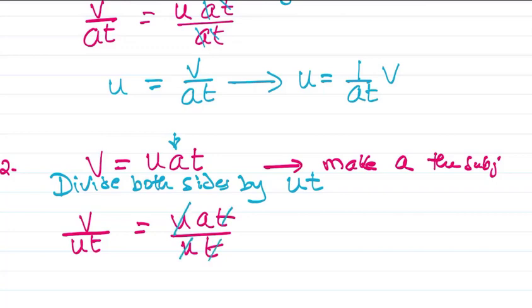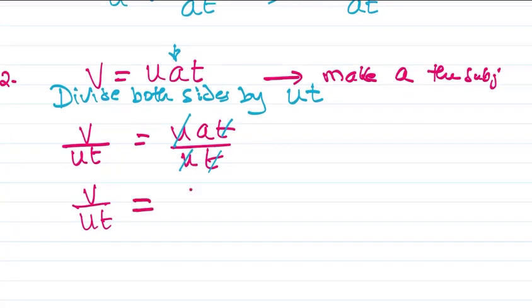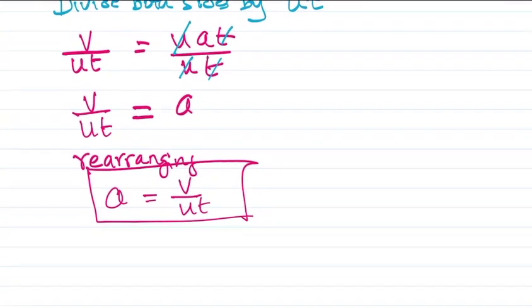We are left with A. So we have V over UT equals A. Rearranging, we have A equals V over UT. That is the second formula we just created.